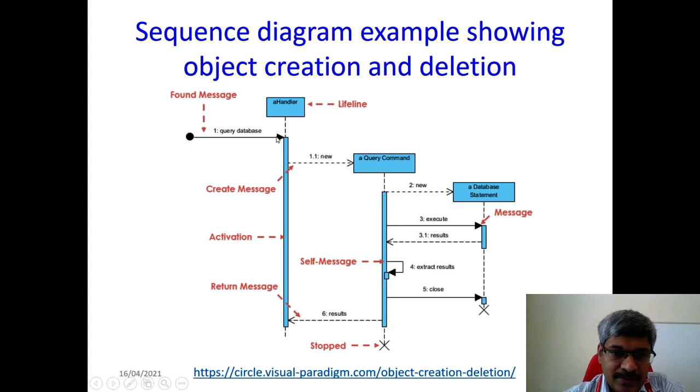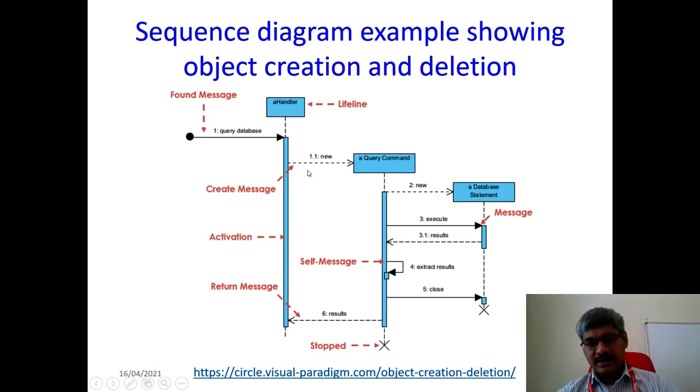Whenever a query comes to this handler, it can create a new object using a message, and here it is creating a query command object. See this one. In the previous example, we saw that all the objects are created and are horizontally at the same level.